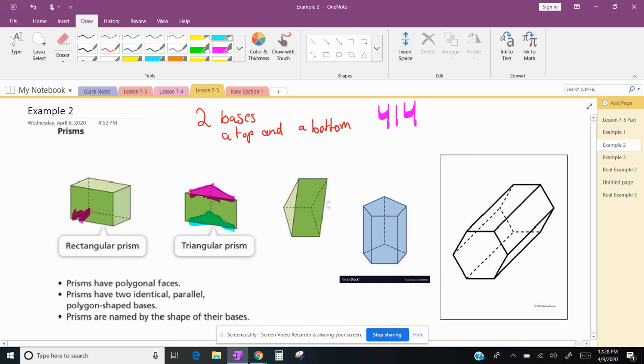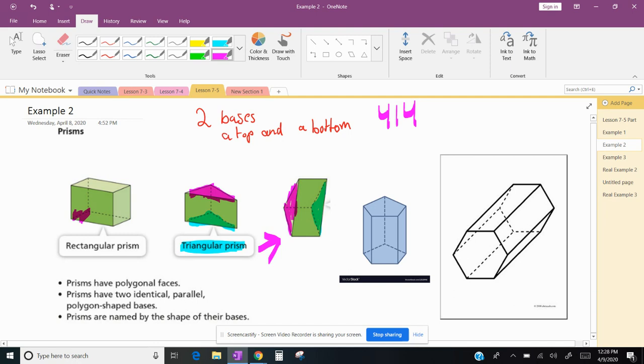So its bases are triangles, so therefore it is a triangular prism. And even if I flip it sideways, even though the top and bottom are kind of sideways now, I'm still looking for those 2 bases, even though everything else is a rectangle. They're right there, and that's still a triangular prism.